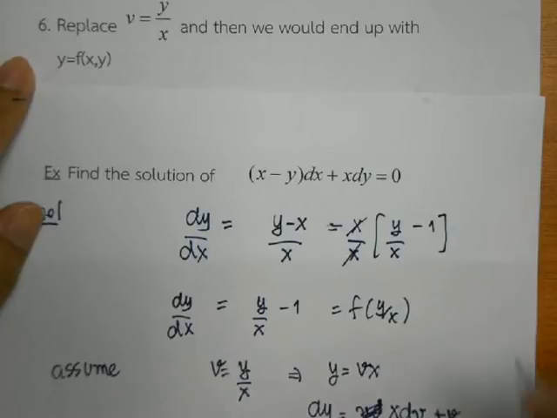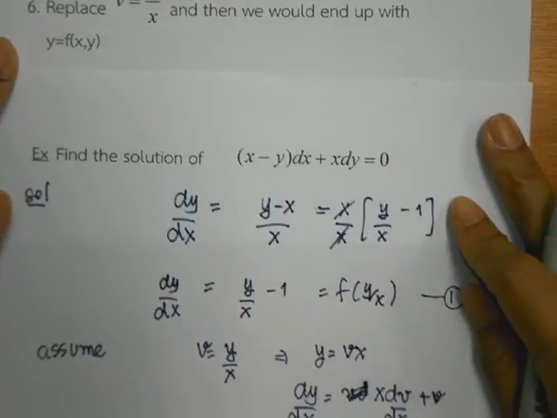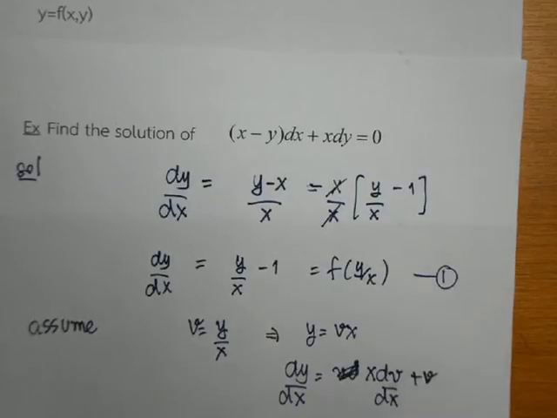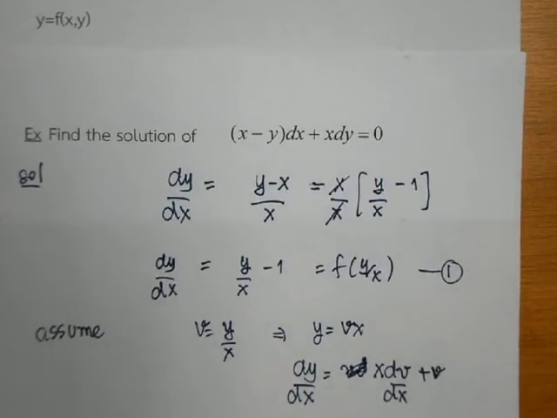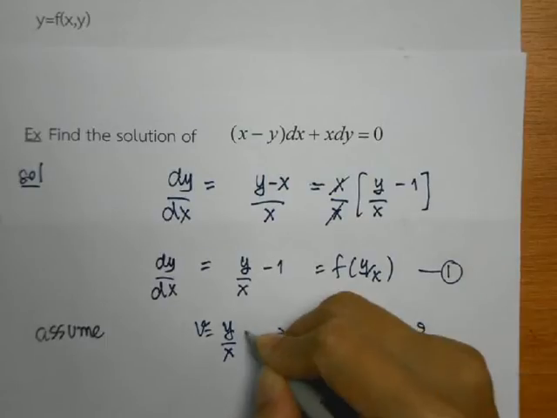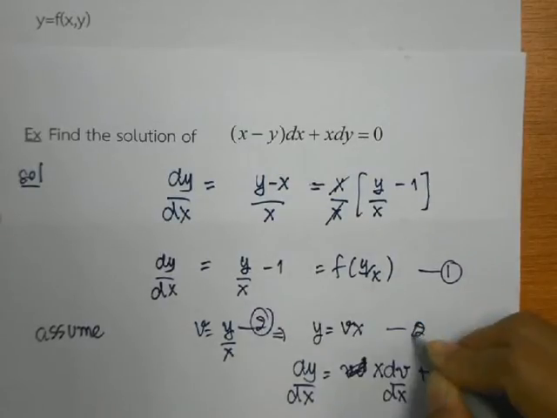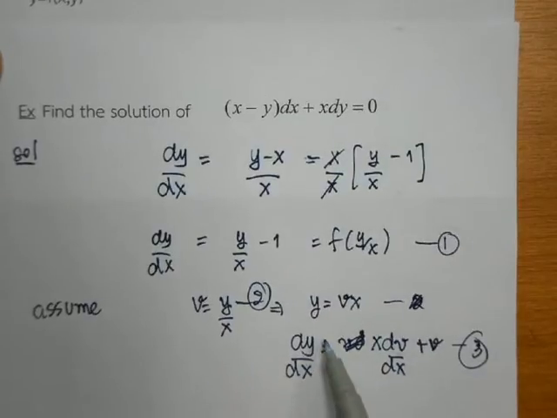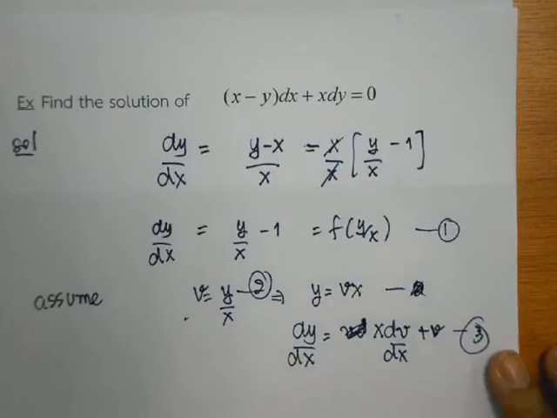Okay? Let me put this one as equation 1, and this one as equation 2. No, this one is 2 and this one is 3. So from this, I put 2 and 3 into 1.